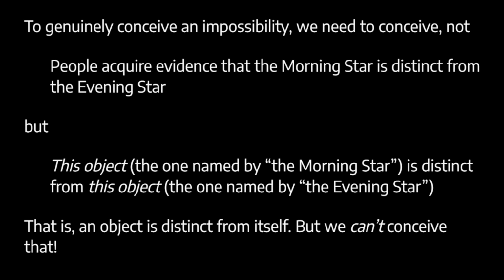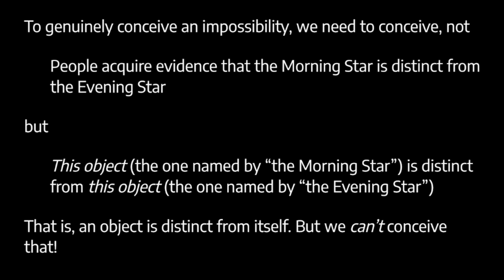And that, according to Yablo, is something that we really can't conceive. We can't conceive of this any more than we can conceive of the morning star being distinct from the morning star, right? We can't conceive of an object being distinct from itself. When you conceive of an object, you're just conceiving of the object, not some different object. I just can't do that.